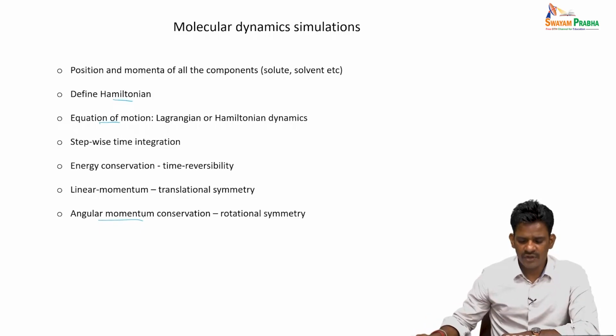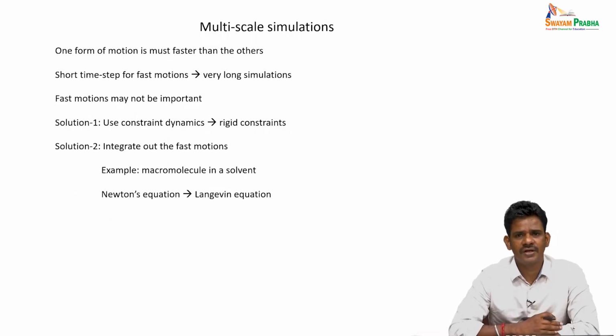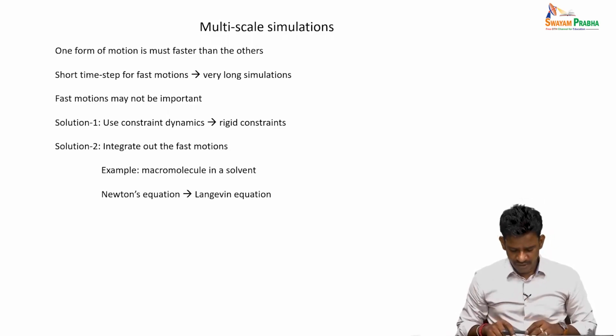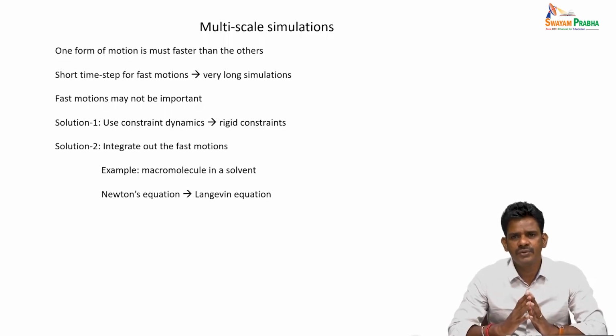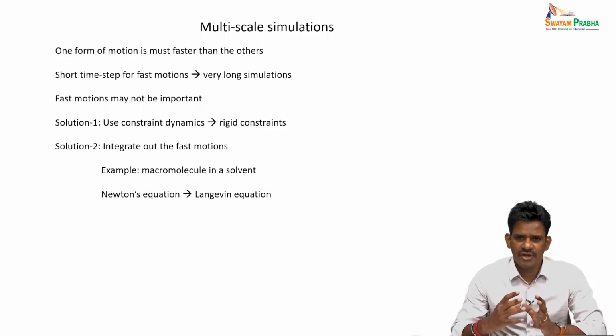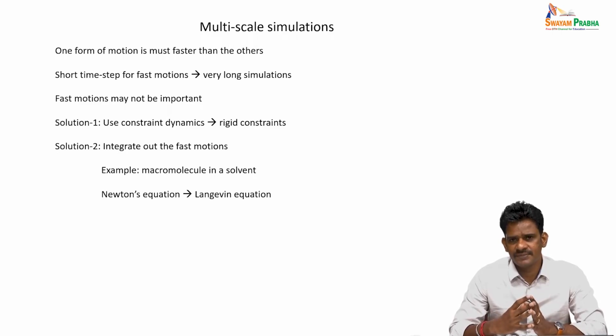Now, when we talk about coarse-grained or multi-scale simulations, there are two levels we can think about. One is in modeling the system itself, where we can do a coarse graining. For example, you can group a bunch of atoms together and make a super atom, and that's one way of coarse graining the system.